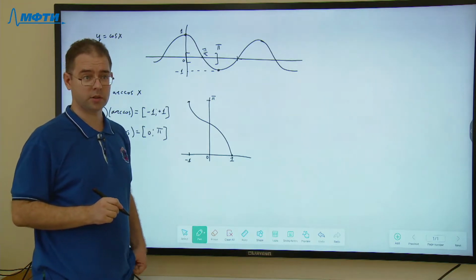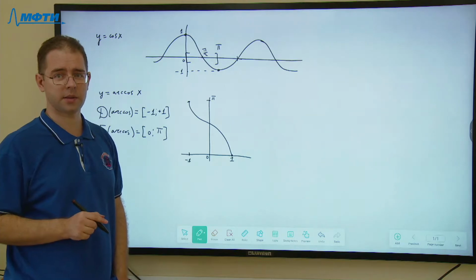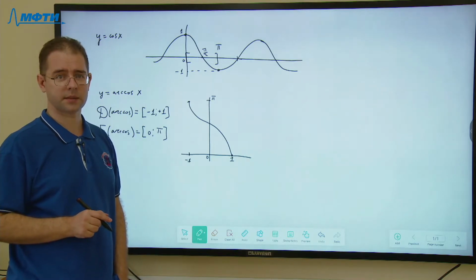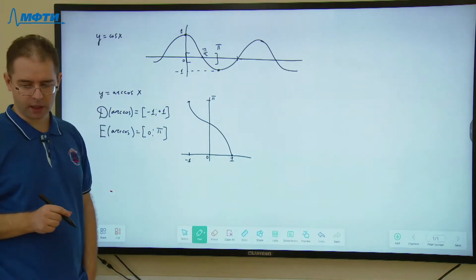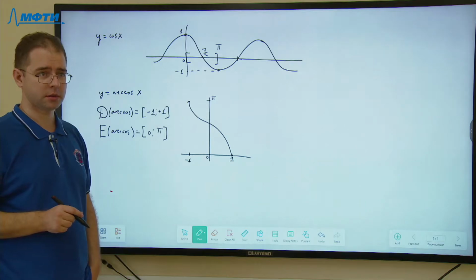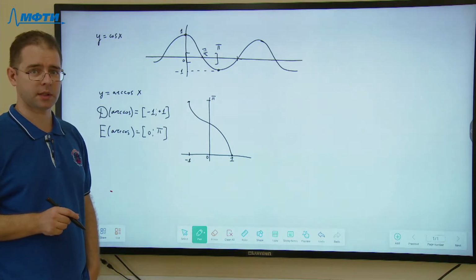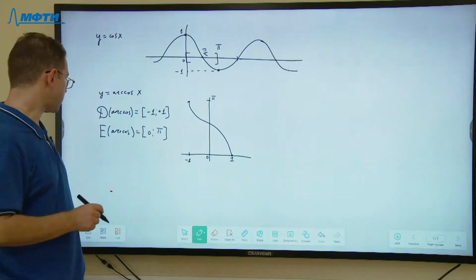Codomain or range. We discussed that this is almost the same, but yes. This function is neither even nor odd, not even and not odd function, and it is decreasing.